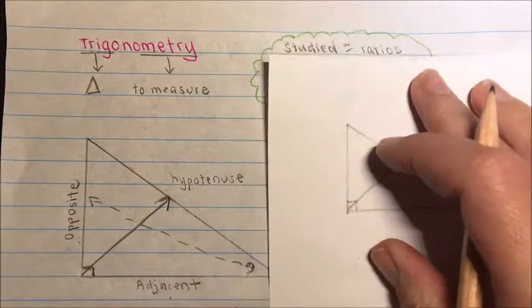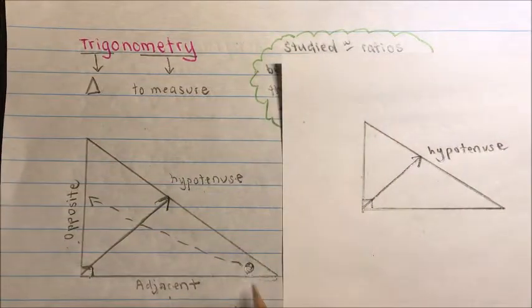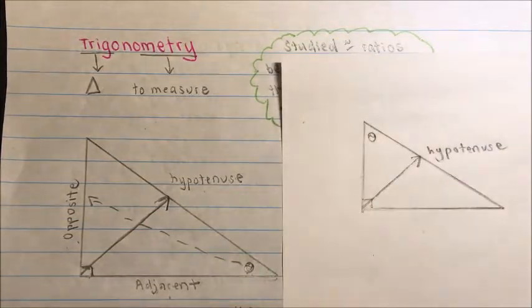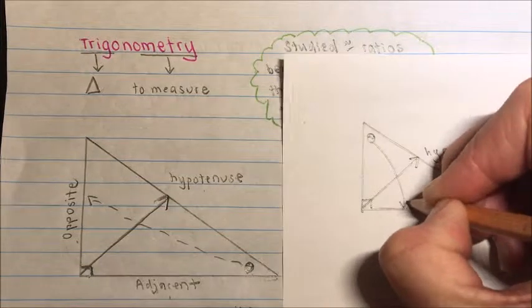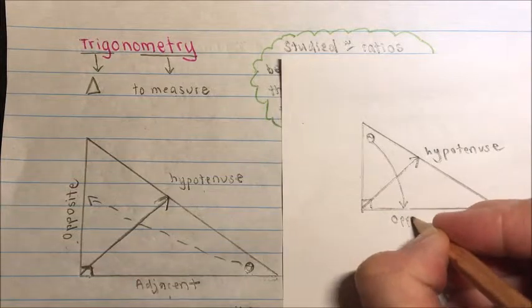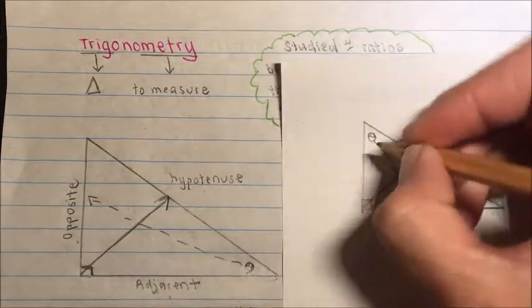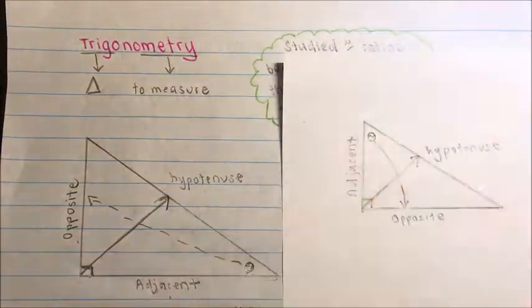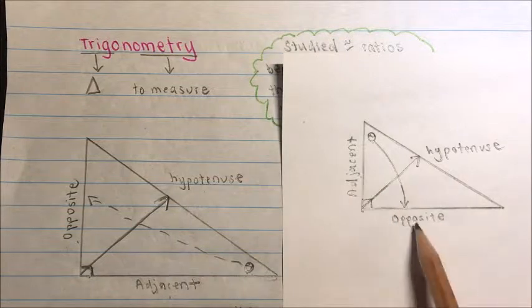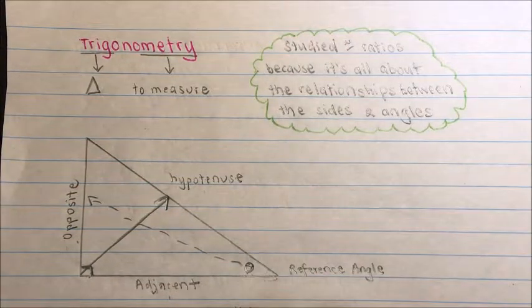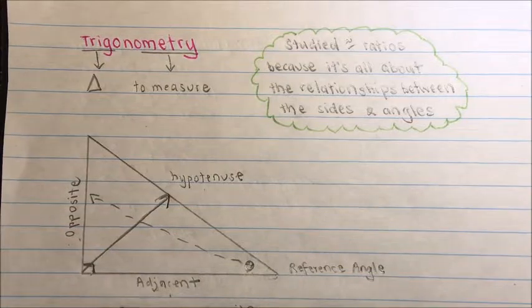But this time, if I make this the reference angle instead of the one I used last time, this side becomes the opposite, and this side becomes the adjacent. So when we talk about the relationship between the sides of a triangle, we've got to remember it's in relation to a reference angle.